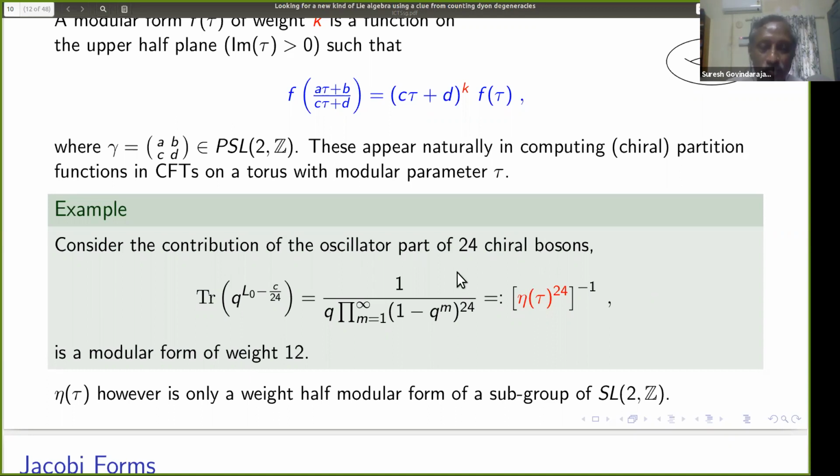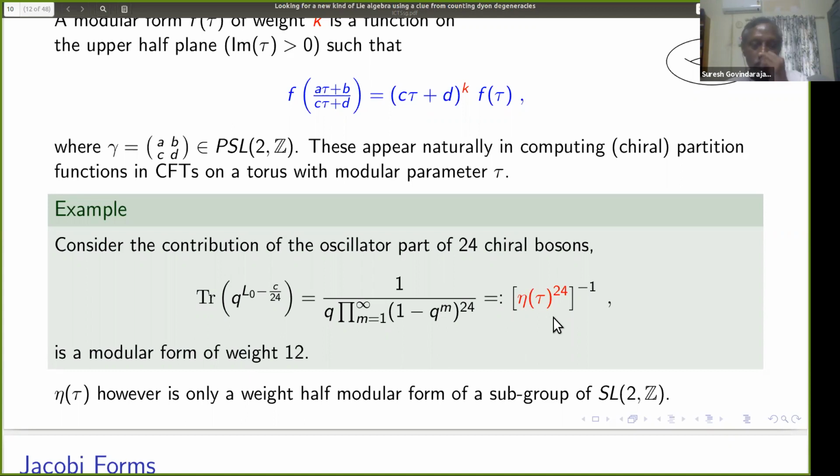For 24 chiral bosons, if you do this trace of q to the power L0 minus c upon 24, c is 24 for 24 chiral bosons, so it becomes L0 minus 1. So the leading term starts with 1 by q and you get a nice thing which is the inverse power of eta of tau to the power 24.